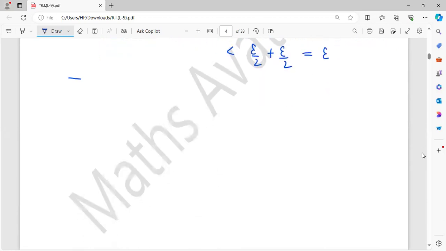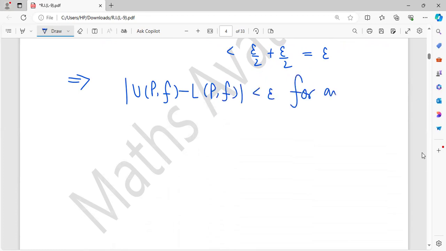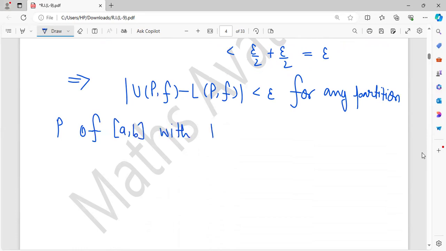So this implies U(P,f) minus L(P,f) is less than epsilon for any partition P of the closed interval [a,b] with norm of P less than delta.